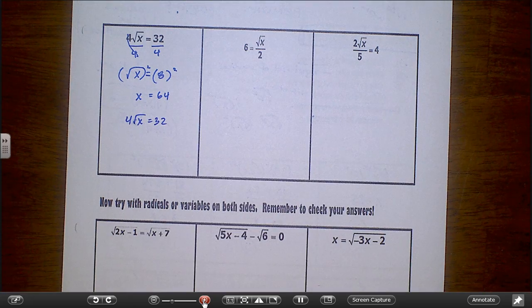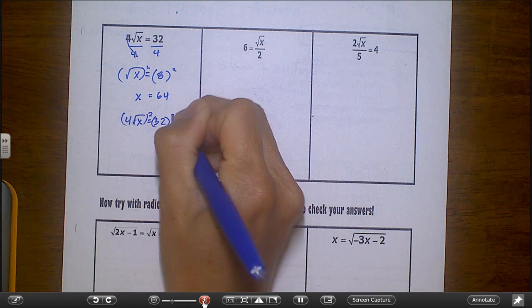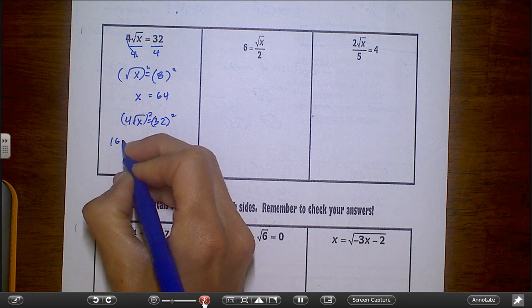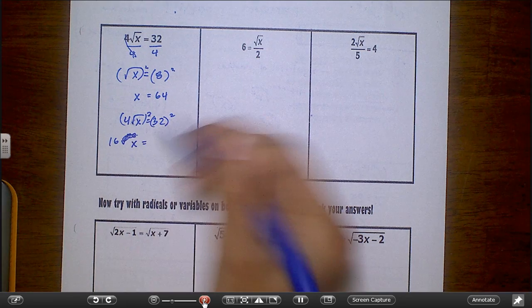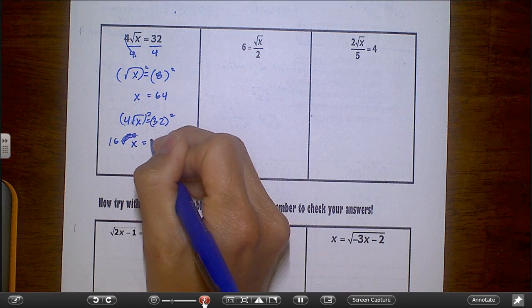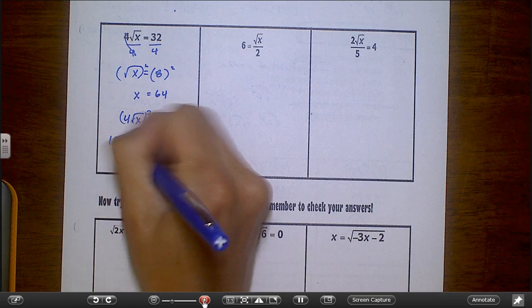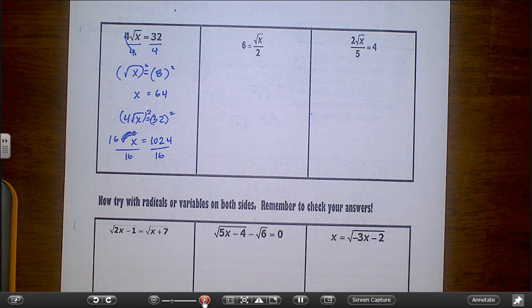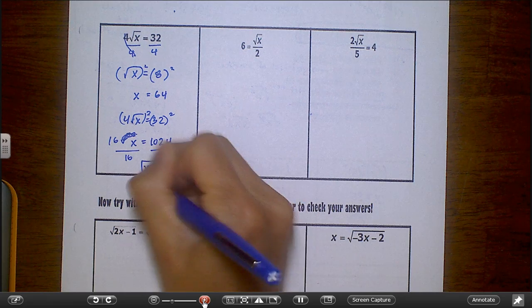If I just decided right away, because it's just multiplying, that I wanted to square both sides right now, I would square 4 and get 16. I would square the square root of x and just get x, sorry. And then I'd square 32 and I get 1024. And then I take 1024 and divide it by 16, and I would get 64. So you can do it that way.